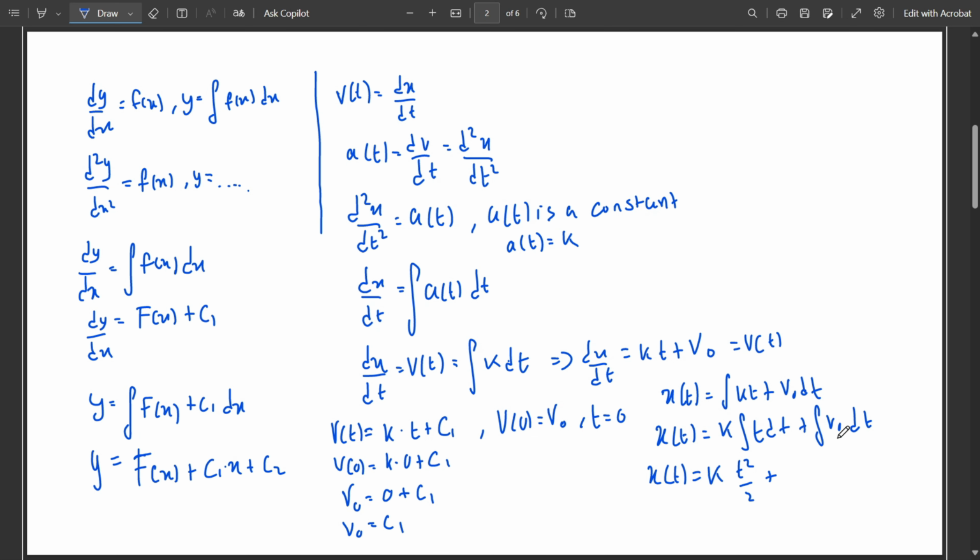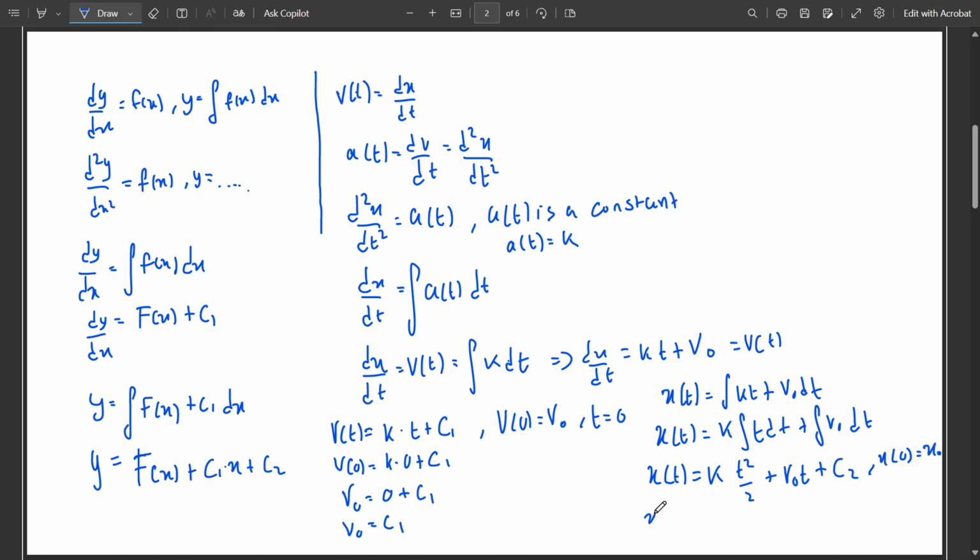V initial is just a constant, so we have the constant itself times the independent variable t plus a constant of integration c2. Again, this is the general solution. We want the particular solution, so we have x of 0 equals x initial, the initial position.